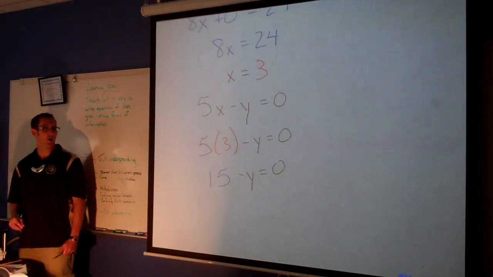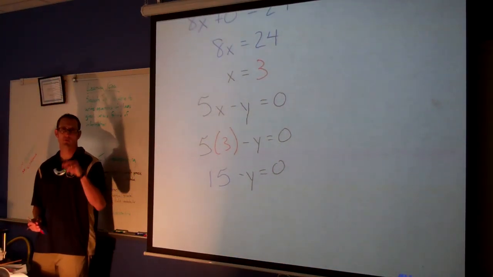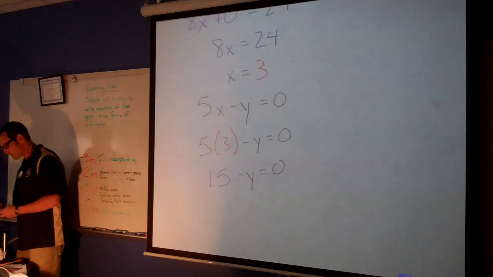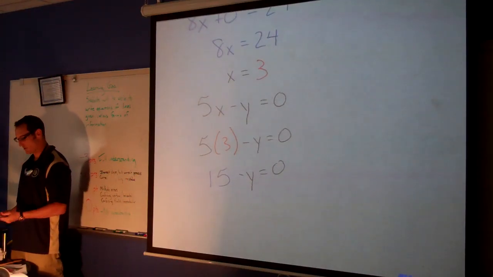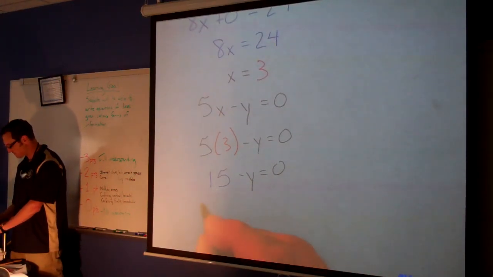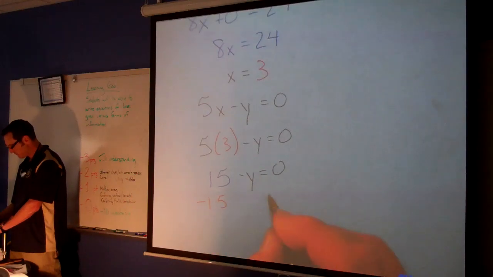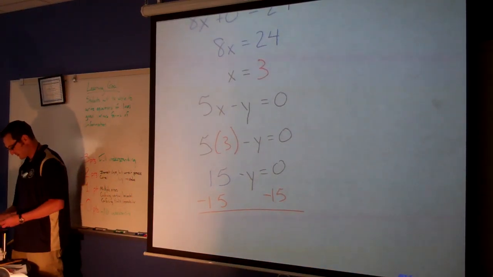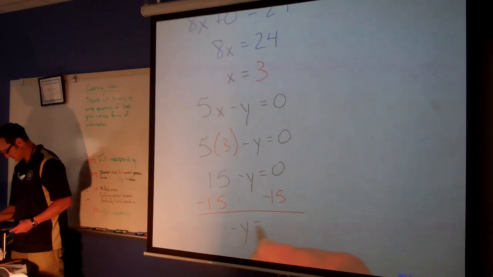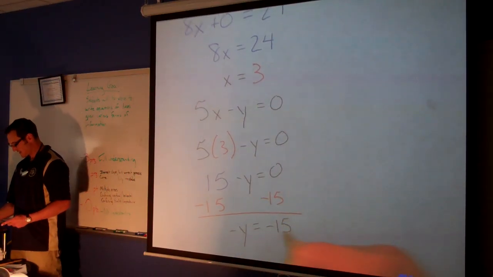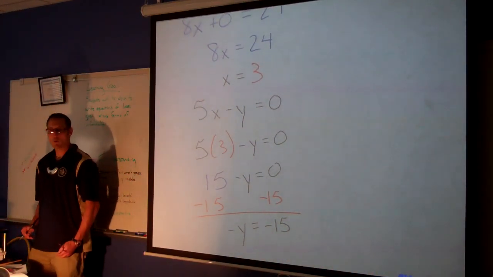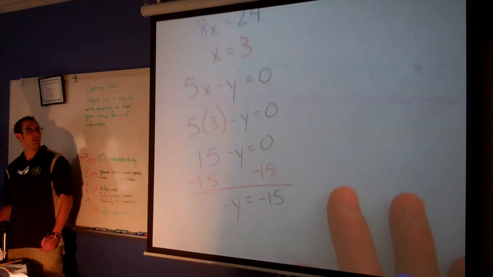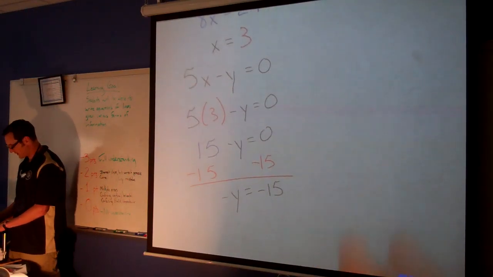And now I have to get y by itself. Let's see if you can guess what I'm about to do next. I'm going to show my work this time because a lot of students are sloppy with the equal sign. The equal sign must always stay there. So I'm going to show my work this time to see how I get this. Most students on this example will get it incorrect because of a sign.